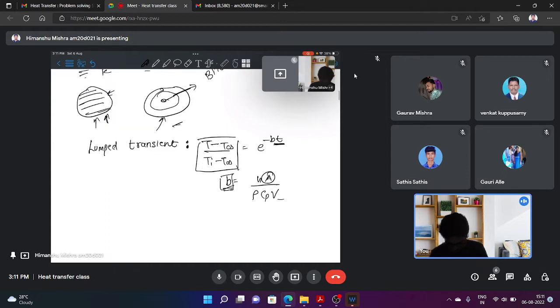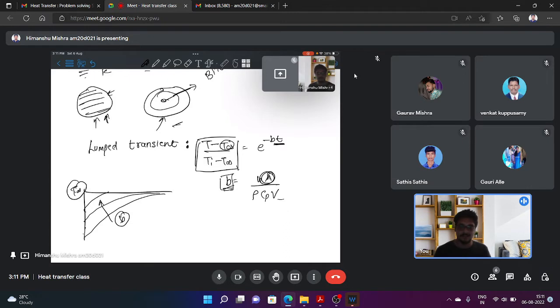For example, if I plot this equation in time, I will find that this curve attains the surrounding temperature T infinity. Let's say T infinity is my surrounding temperature. As I increase the surface area, my value of B keeps increasing.